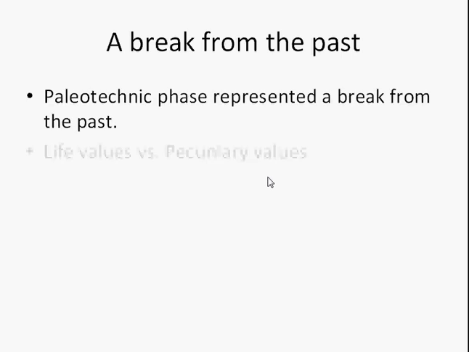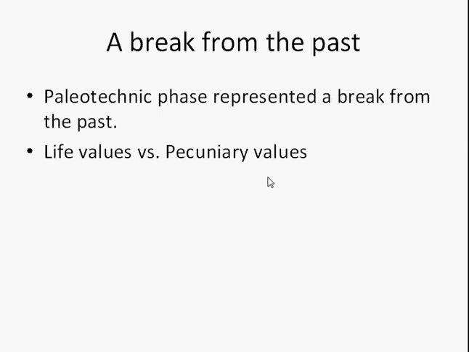It's helpful to look at this Paleotechnic phase as a break from the past. One fact that emerges as we study these 3 major phases of technological development is that the Eotechnic phase encompassed a longer range of years than the Paleotechnic phase.